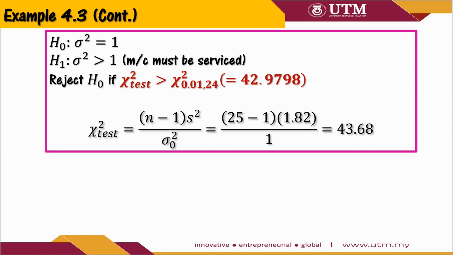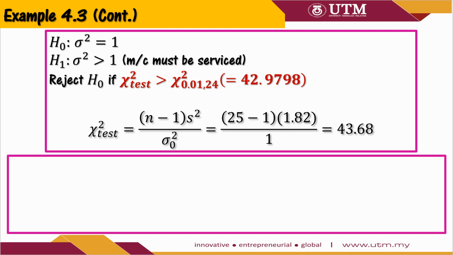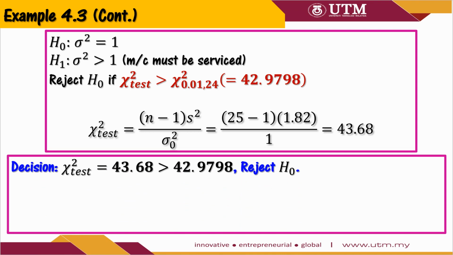The next step is to make a decision. Here, the chi-square test, which is 43.68, is slightly larger than the critical value, 42.9798. Nonetheless, the test statistic value is already in the critical region. Hence, we can decide to reject the null hypothesis H0.